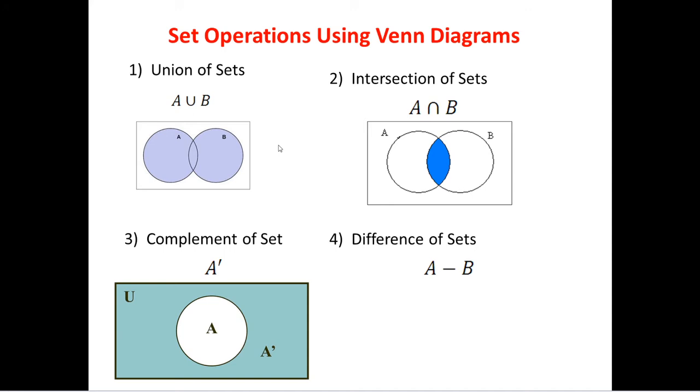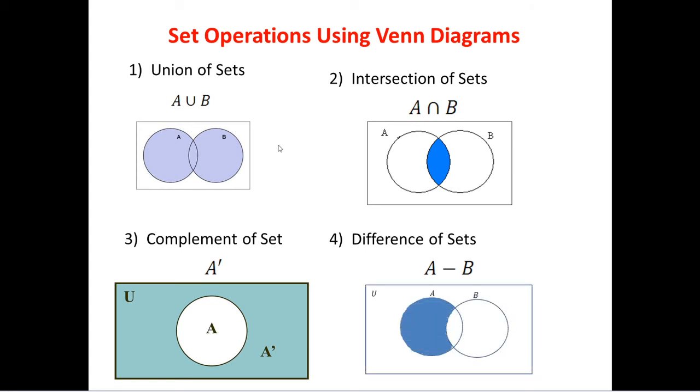And how do we illustrate the difference of sets? The difference of sets A and B. So A minus B can be represented by this figure. The blue shaded area is our A minus B. It is our set A subtracted by set B. So we remove everything that is part of set B. So we are only left with the blue shaded area.